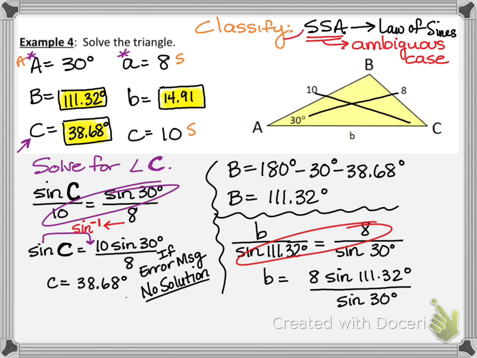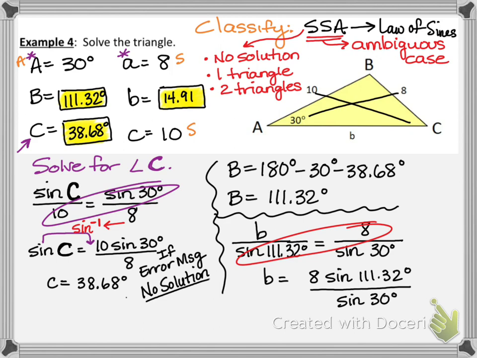With SSA, you can either have a situation where there is no solution, which you would write as no solution, or a solution where there's only one triangle, which is the case in both examples we've done, example 1 and example 3. Or the last scenario is that 2 triangles exist.